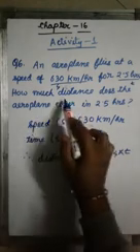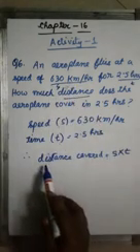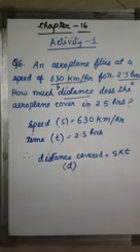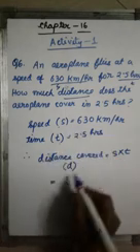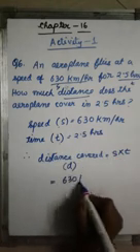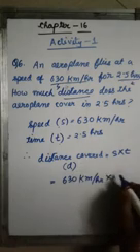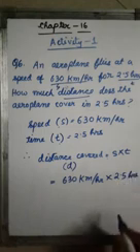We have to find the distance covered by the aeroplane. As we know, distance covered is equal to s into t. Therefore, speed is 630 kilometer per hour. Time is 2.5 hours.